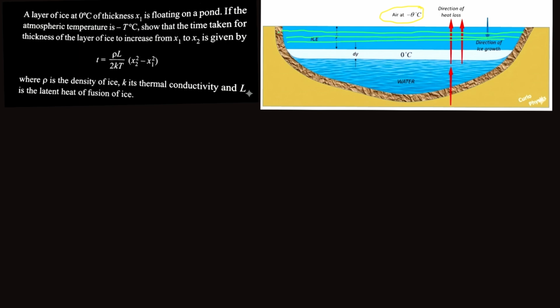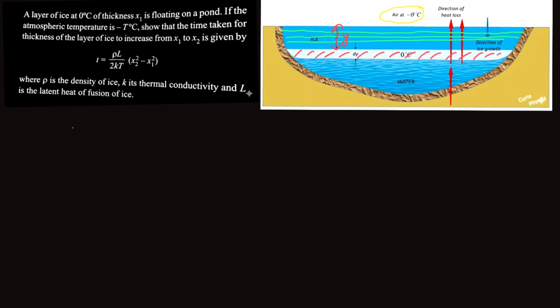At the moment you notice, this much layer is already frozen and that thickness is y. Now the next layer is freezing, and that layer is dy. So at a distance y I am taking a layer of ice, that is dy.